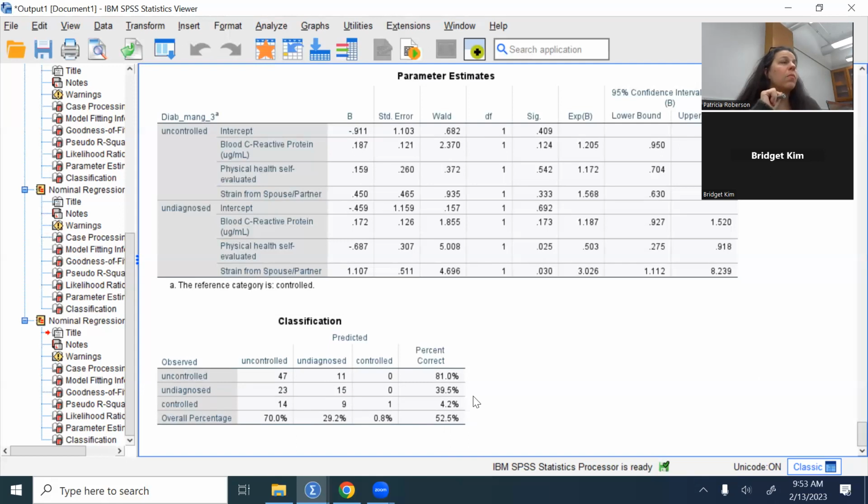So the overall is 52.5% here. But this is an example of how it's important to look at every aspect of your data. I wouldn't throw this out with the bathwater. I wouldn't say, oh, I can't report this, I can't write a paper on this. But I would put this in the limitation section. I would say this model does an excellent job of predicting uncontrolled, a little better than chance for the undiagnosed, but for controlled people, we might need to find more variables in future research that classify people who have controlled diabetes, and you can put ideas in there of why you think that is.